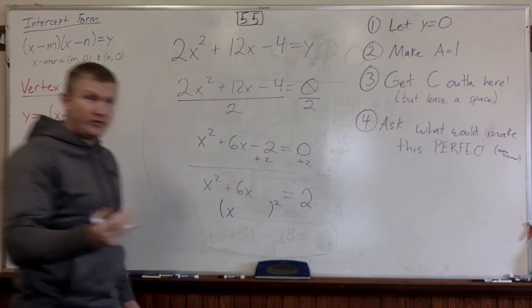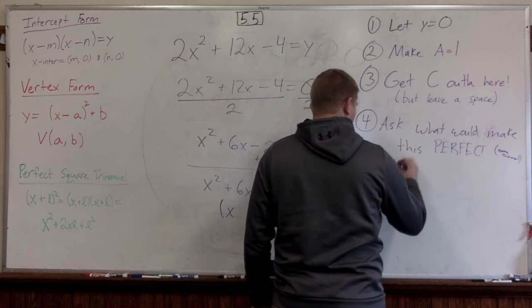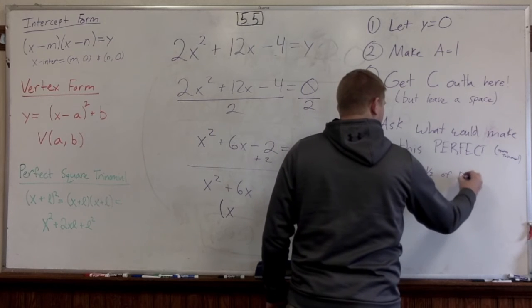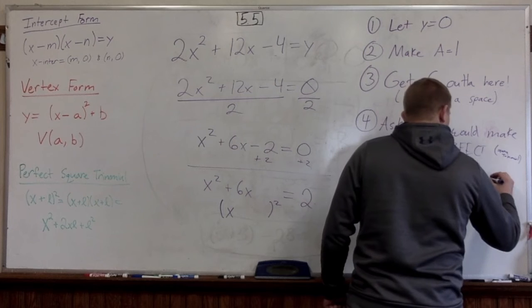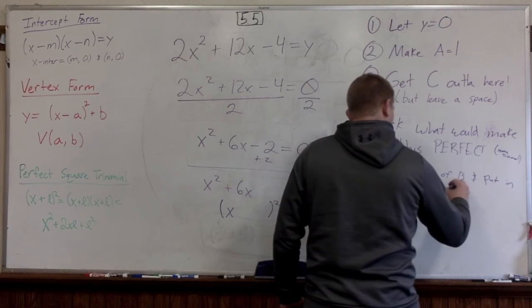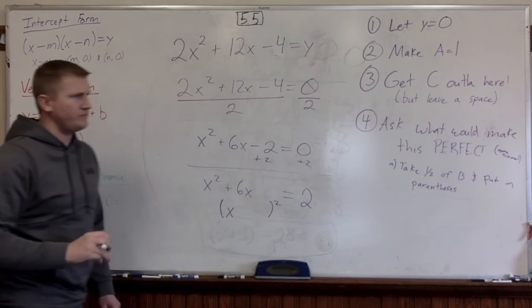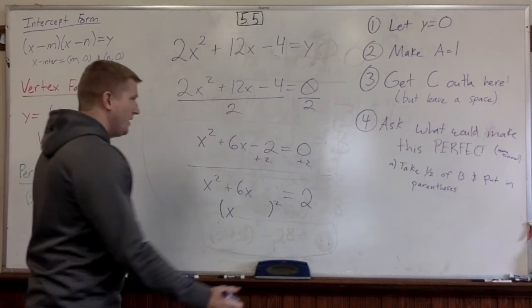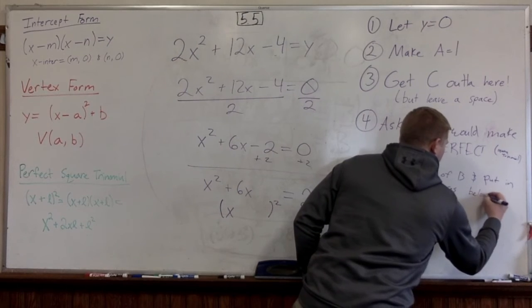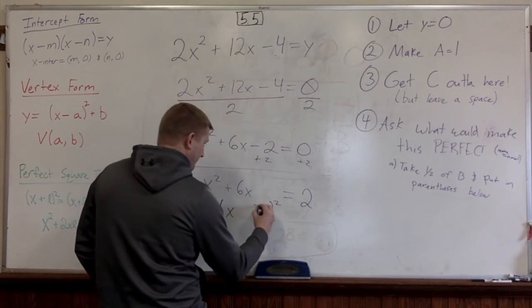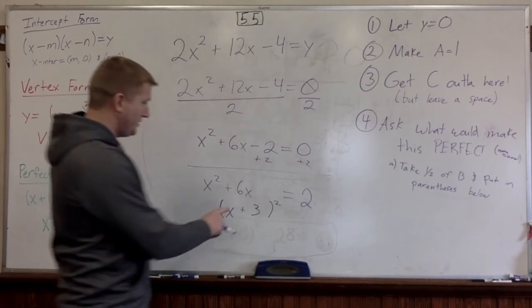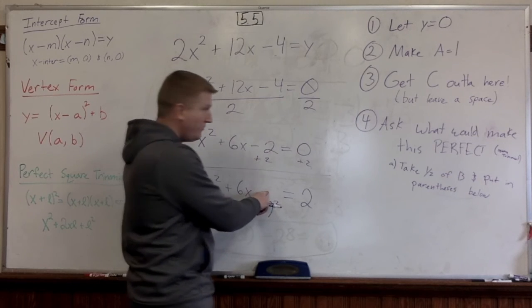And the way to do this, I guess, so sub-step of 4. If I misspell anything, please forgive me. I'm going to take half of b and I'm going to put it in the parentheses down below. So half of 6 is 3. All right. And then the second part is to take that number and square it for my new c.